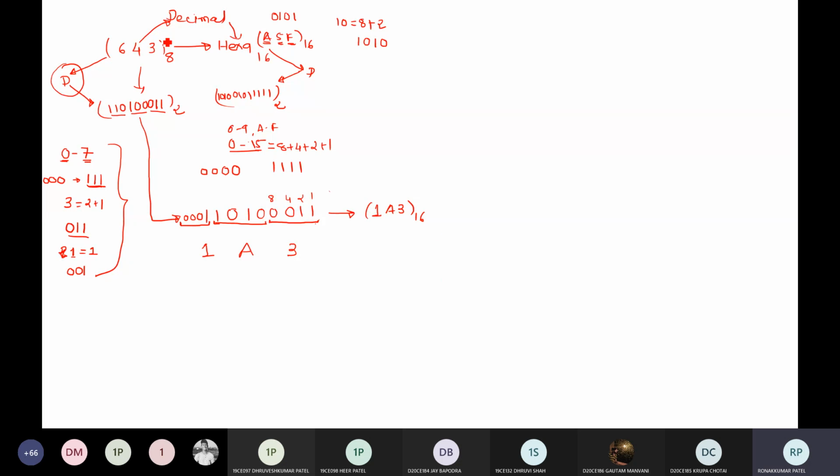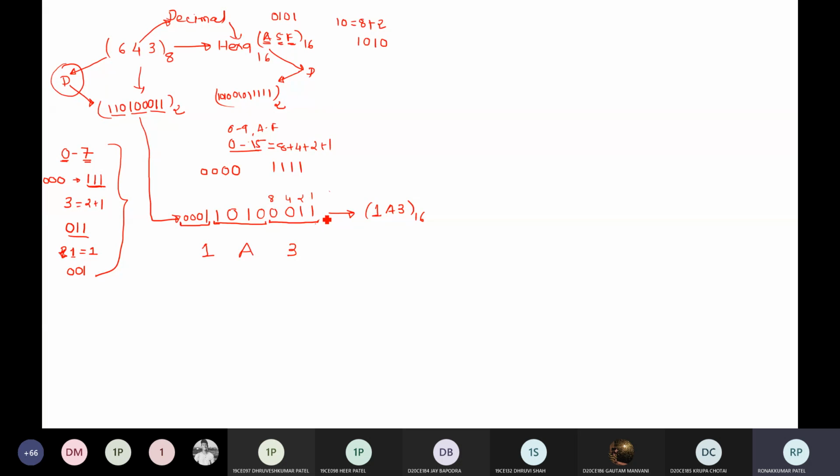Now it's easy because from octal we can easily write the binary representation. We quickly wrote the binary representation, 301141006, and then converted into hexa. How? Make groups of 4, and then we get the hexadecimal.